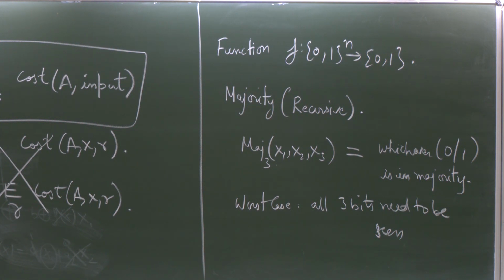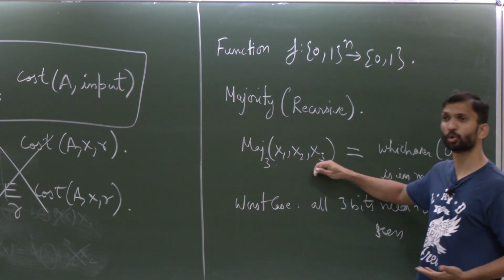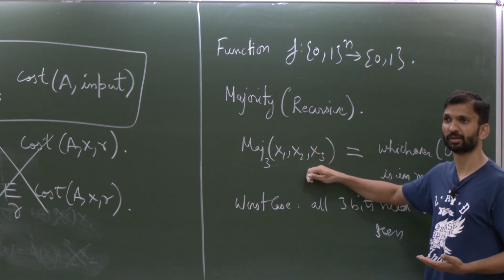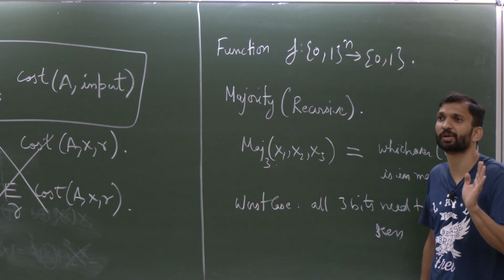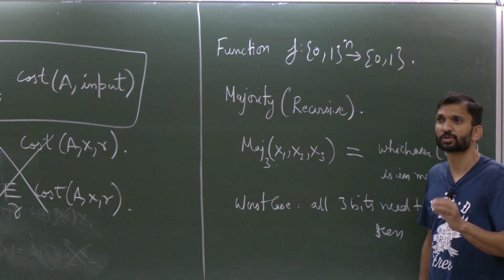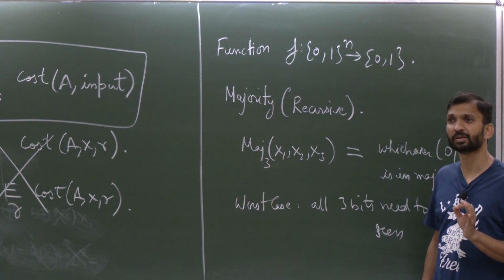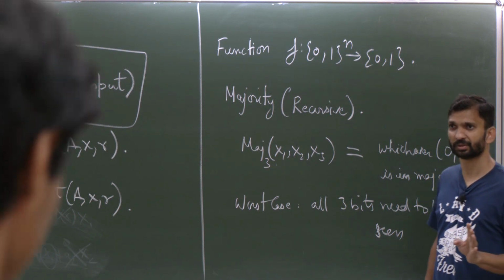And if I don't give you the third bit, you have no idea what the majority is. So no algorithm which only looks at 2 bits can answer correctly on every input. Whatever be your algorithm, you pick 2 bits of your choice. I can keep one of them 0, another bit 1. Then you can't tell me what the function value is. So whatever be your algorithm, it has to look at all 3 bits. Correct? This is quite clear.